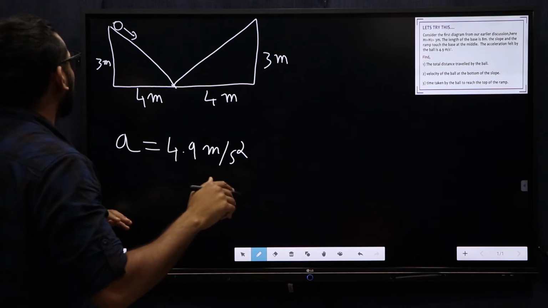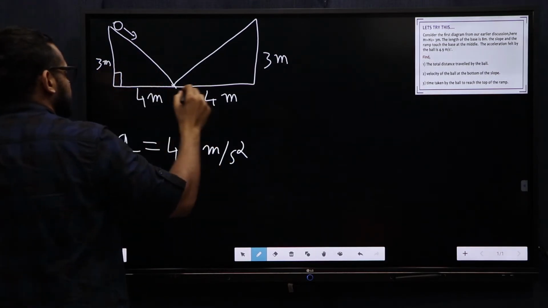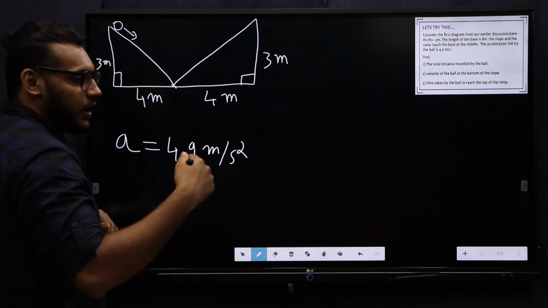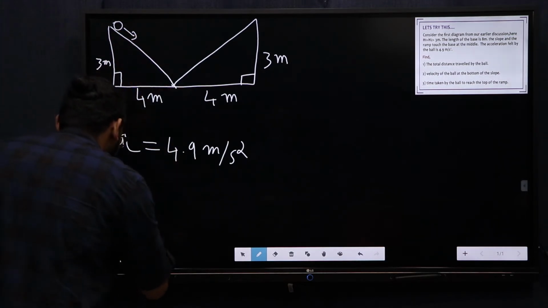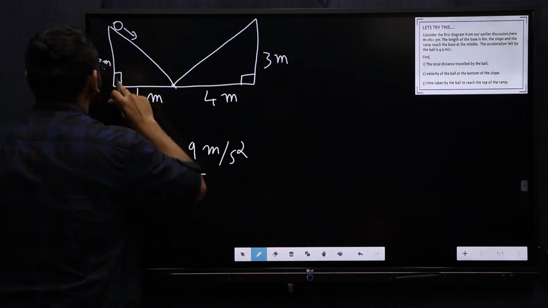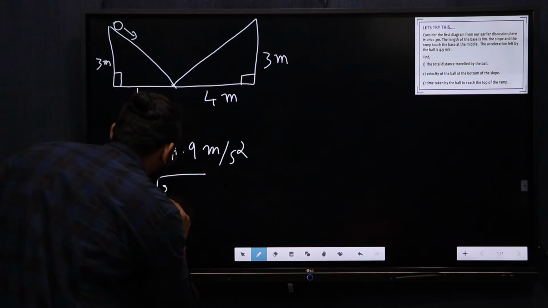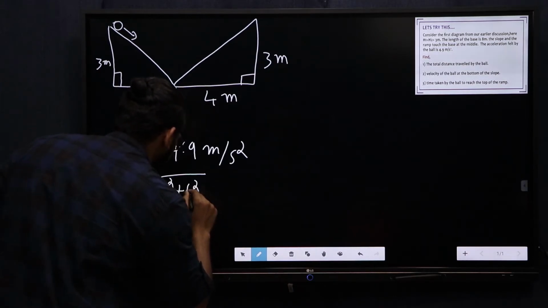Now, if we know that this is a right angle triangle, we know the Pythagoras theorem, which states that the hypotenuse is always equal to the root of the squares of the two sides. That is 3 square plus 4 square.